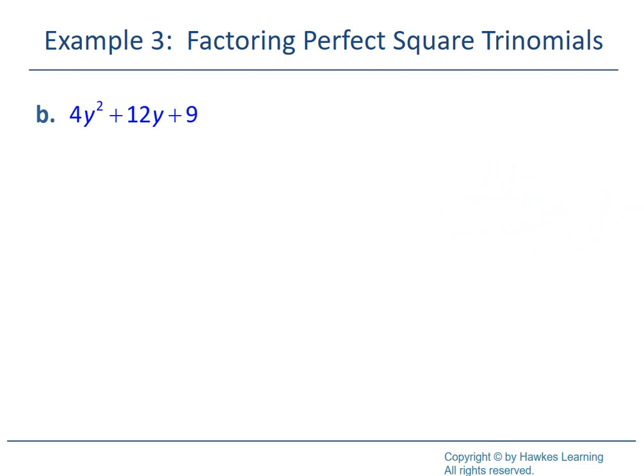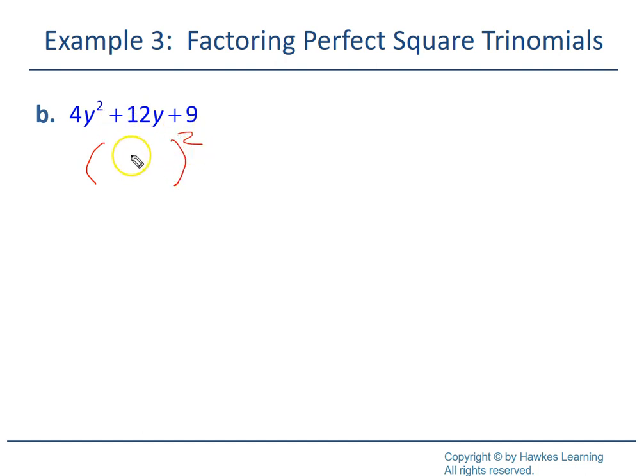Now, what did we say? We said, is the first term a perfect square? Yes. Is the last term a perfect square? Yes. Square root of 4 is 2. Square root of 9 is 3. 3 times 2 is 6. Double it is 12. So this meets the criteria.